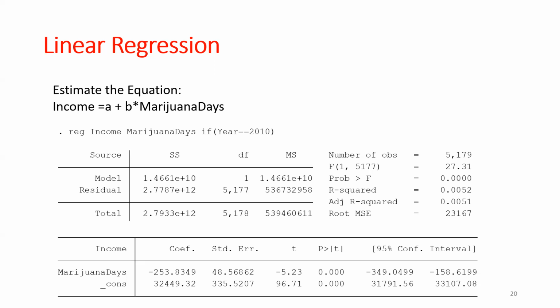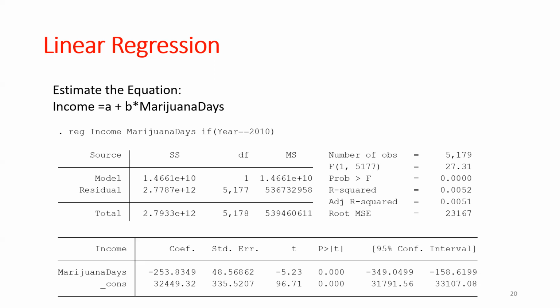Or consuming it one more day, whatever verb you want to use. So using marijuana one more day every month would predict that someone's income goes down by $253. So that's how I would interpret that coefficient estimate. Any questions on that before we keep moving?